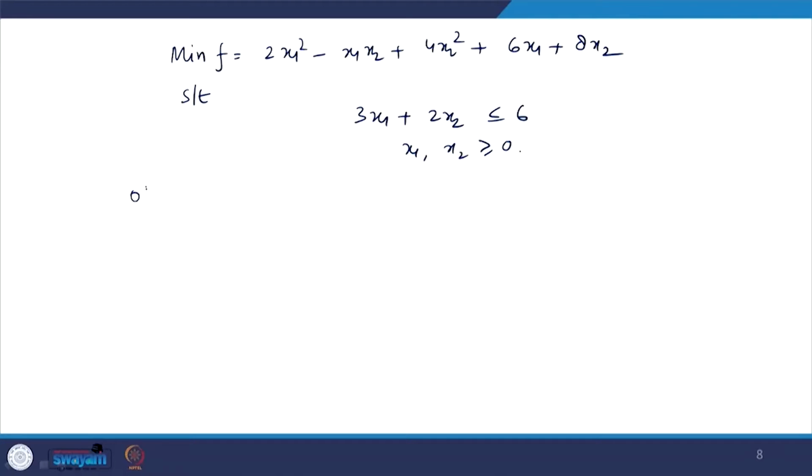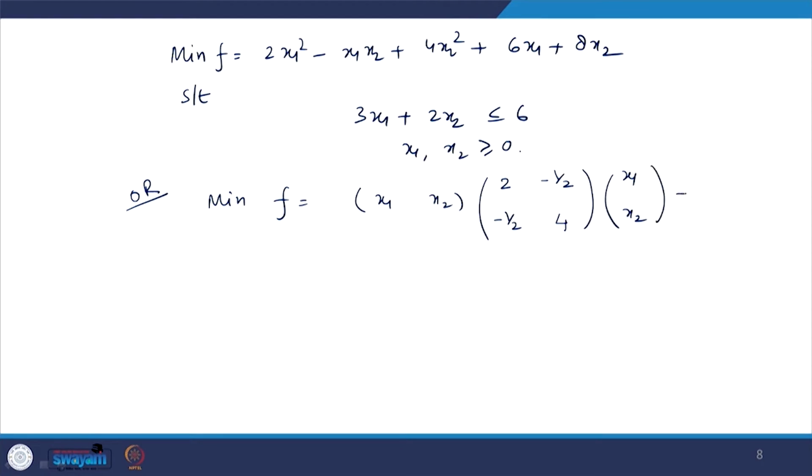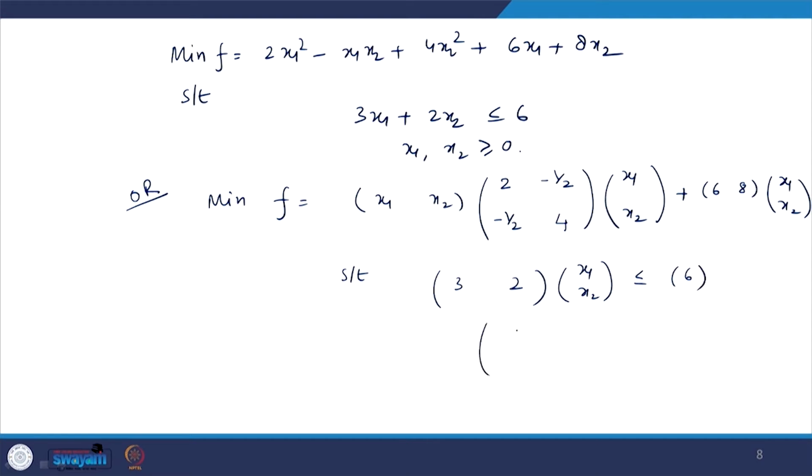Now, if you take this problem f, you can write it in matrix form. This 2 will come here, this 4 will come here, this is minus 1 by 2, this is minus 1 by 2, with x1 x2 here; this is 6 and 8 and this is x1 x2, subject to 3 2 times x1 x2 less than or equal to 6 and x1 x2 greater than or equal to 0.